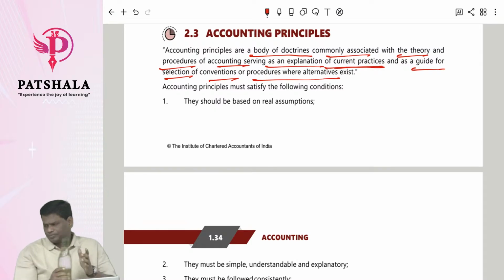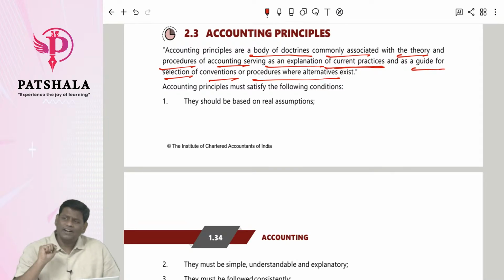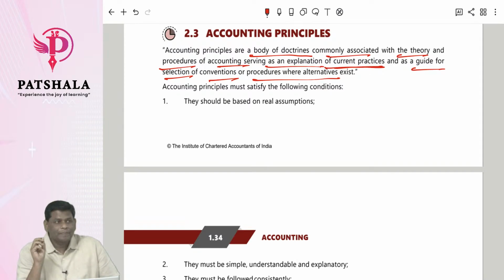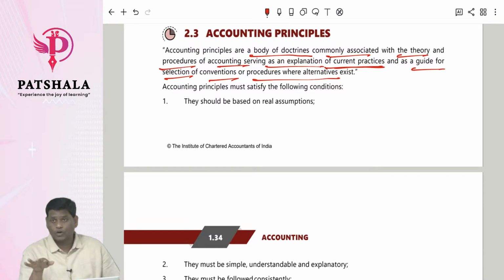You will see the menu. What will you order? Whatever you wish. Why do you order whatever you like? Because that is an option, a choice. Among the choices given, whichever I want, I'll select. Like that, in accounting also, there are a number of choices given. Among those, we have to select one choice and then proceed with the accounting.